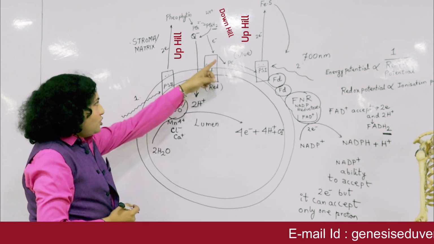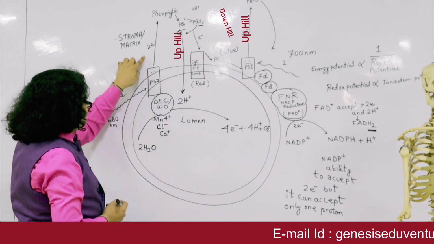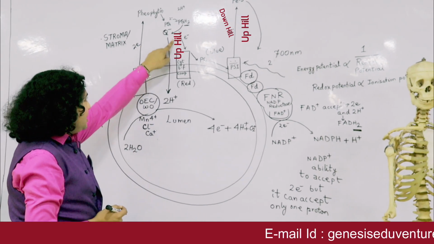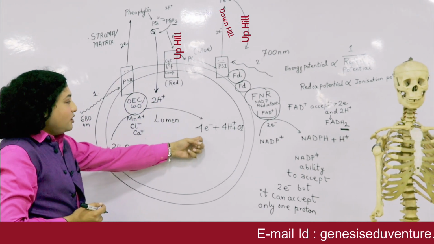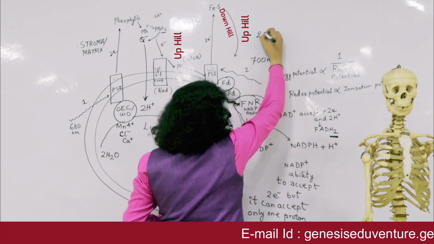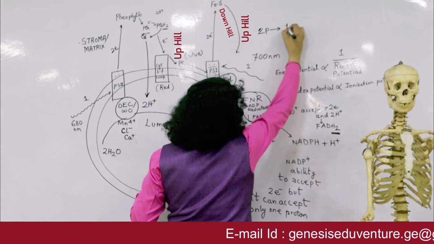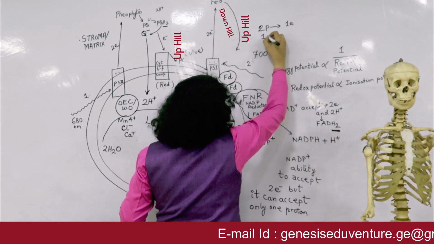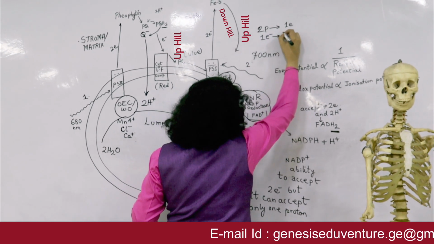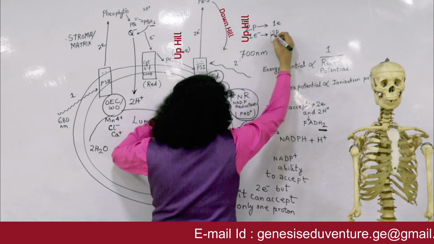So how many photons will be required in this process? 2 photons are required for transport of 1 electron. So I can write 1 electron requires 2 photons for its transport from PS2 to PS1.